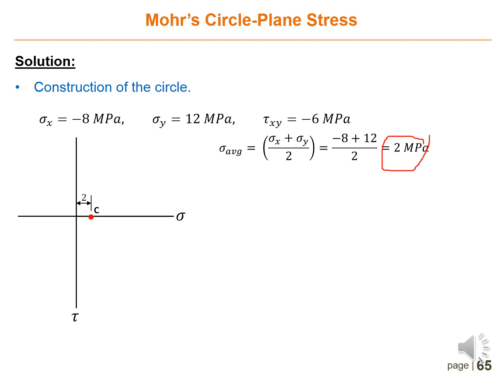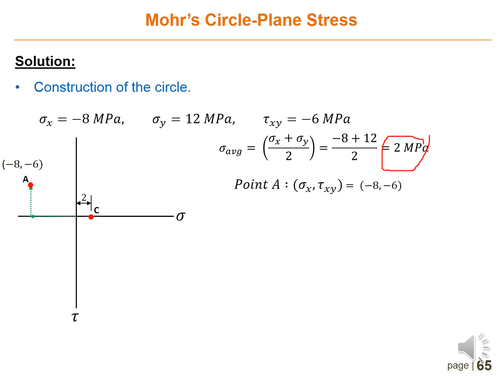Okay, so next is to define point A, using the coordinates of sigma x, tau xy, which is -8, -6. So you have to move from the origin about -8 in horizontal and -6 in vertical. So now you have point A like this.